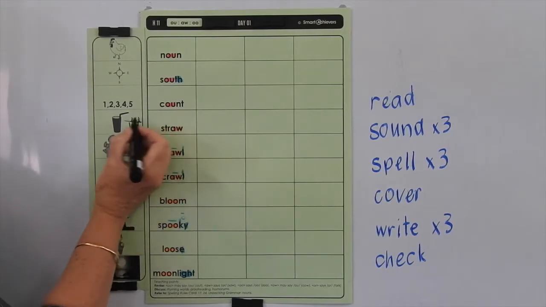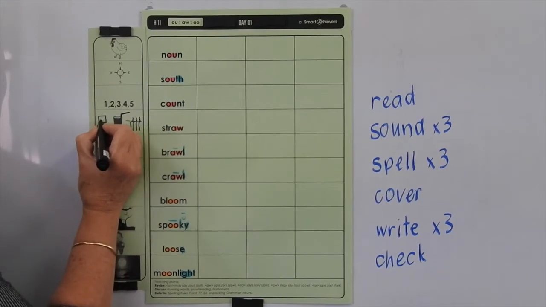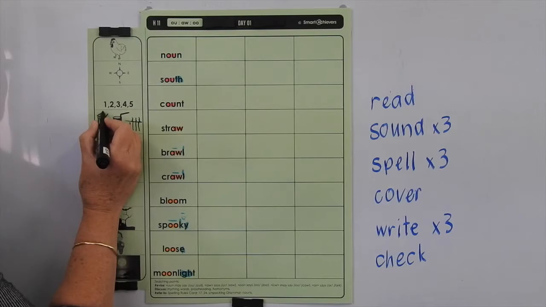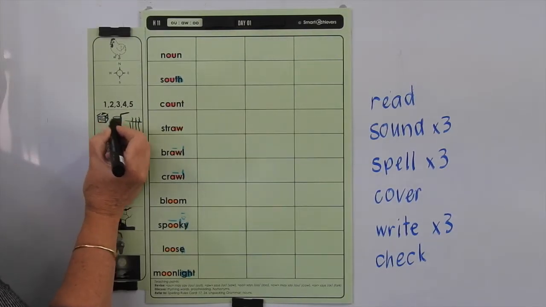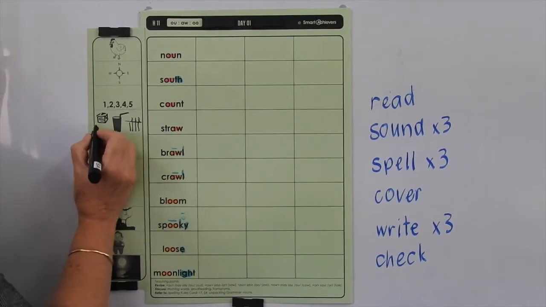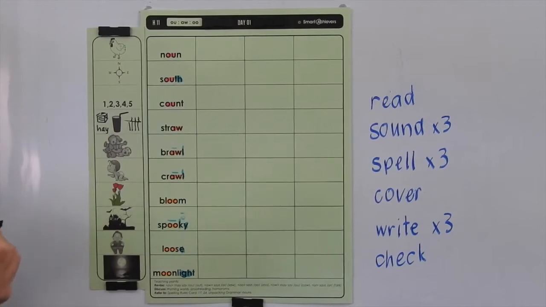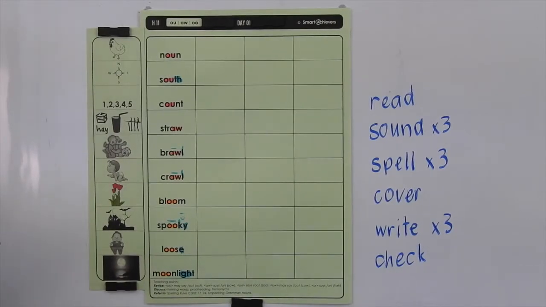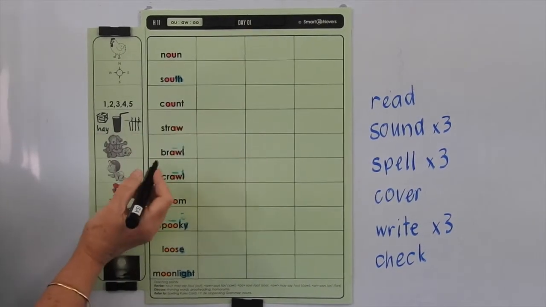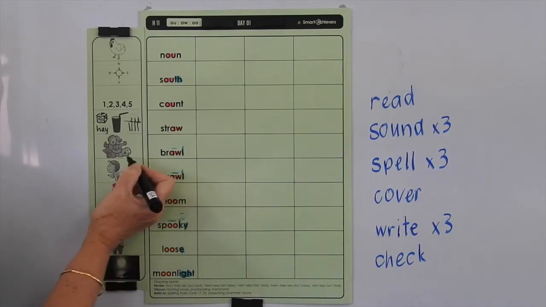And sometimes they put that into a big bale and people buy it to put mostly on their gardens and things. If they're feeding animals, they usually buy hay because hay still has the seeds on it and the animals like the seeds. Straw doesn't have much nutrition in it. Brawl is like a fight.